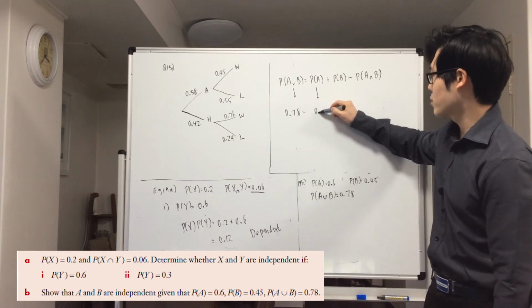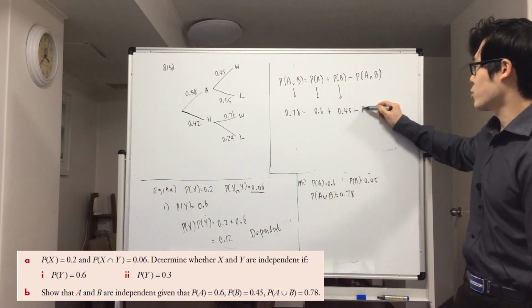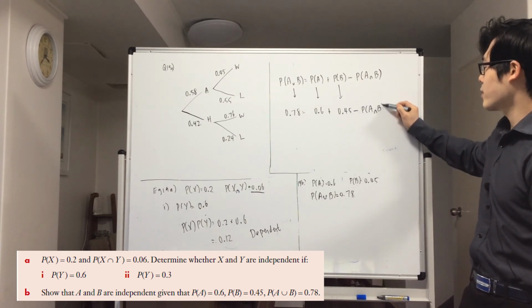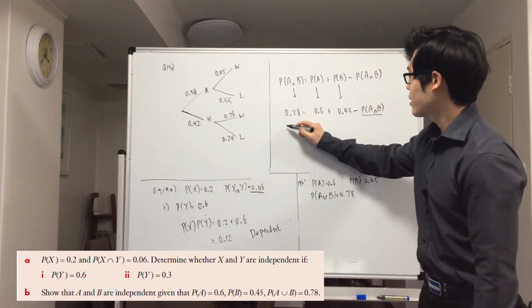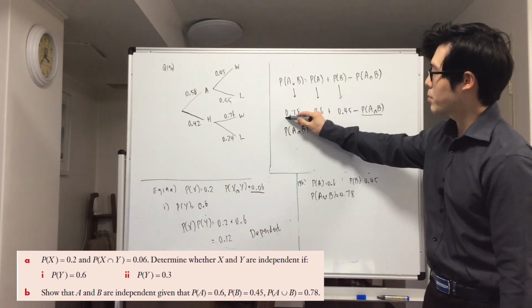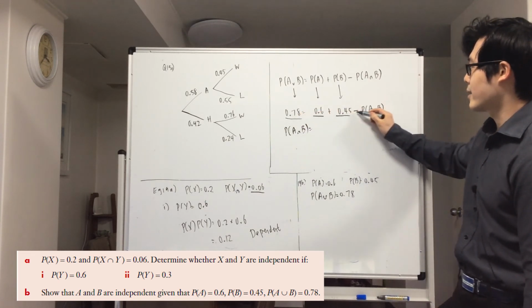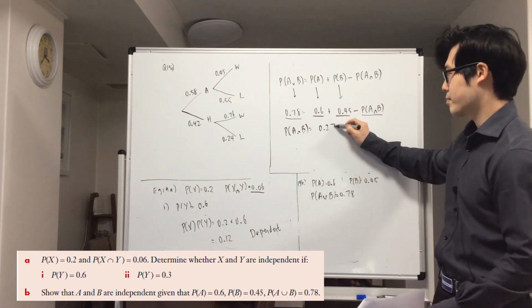We know that number, 0.6. That number is 0.45, and that's what we're trying to find. The reason why we're trying to find this is so that we can do exactly what we've done there. So if I find the probability of A and B, that would just be 0.78, take away that, divided by -1. If I do that, the answer is 0.27.